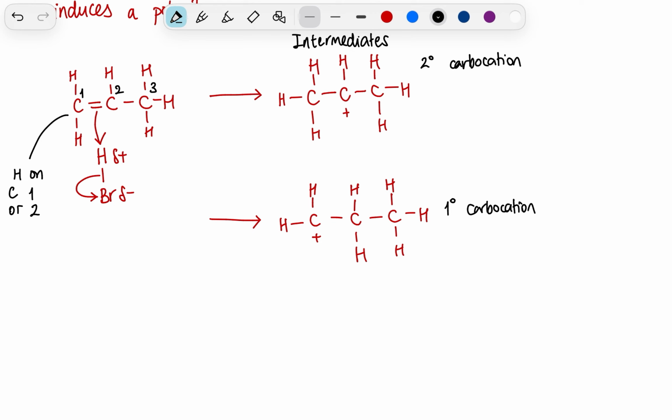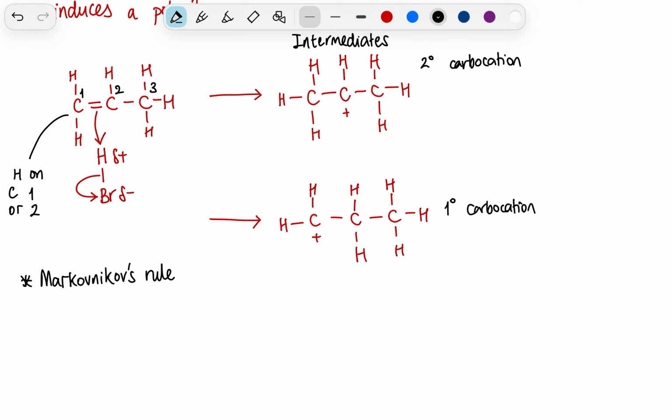So now we need to use Markovnikov's rule to figure out which one in this case is going to be our major and minor product.